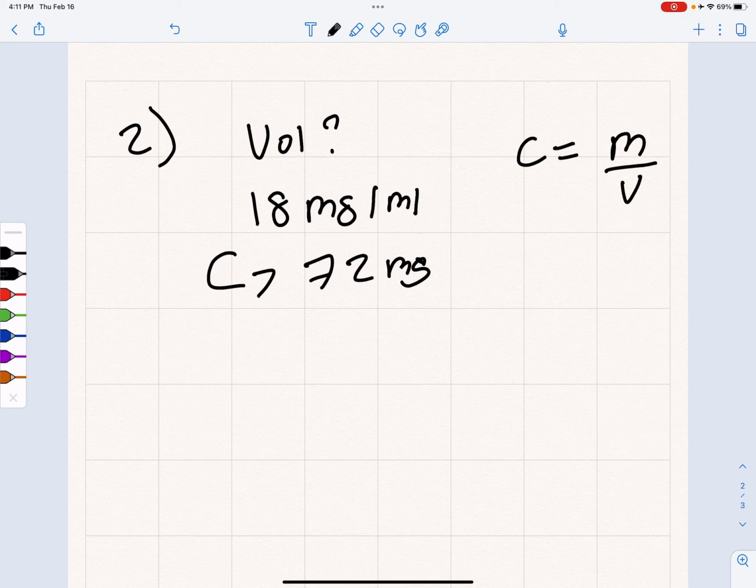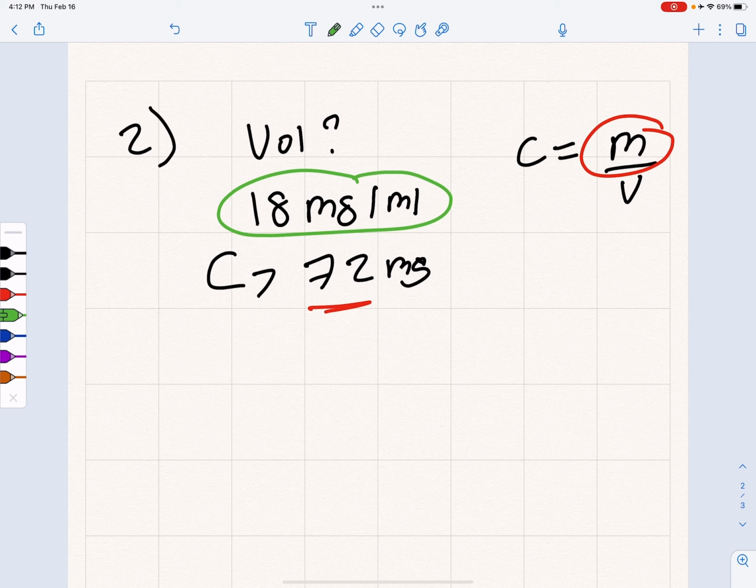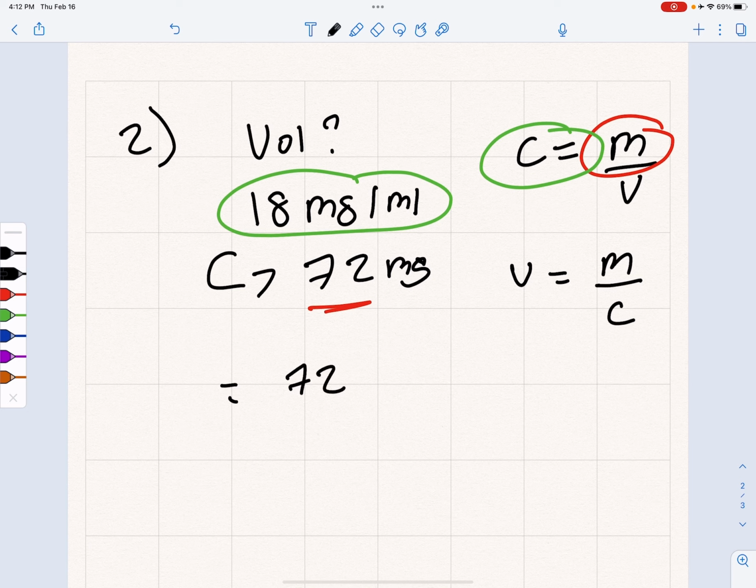And in this case, we have the mass and we have the concentration. So again, if we rearrange this equation, we get volume equals mass over concentration, which is 72 divided by 18. And then that is going to give us 4.